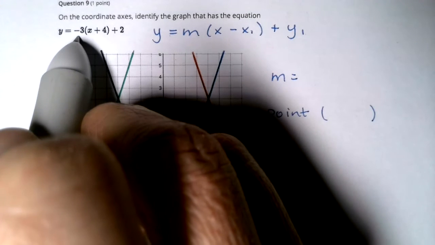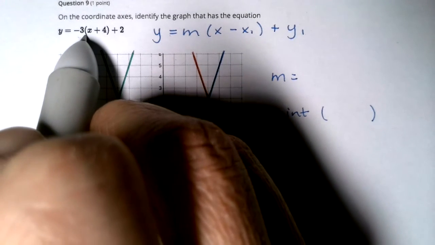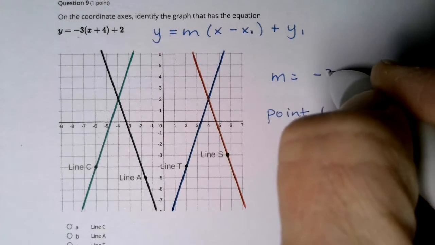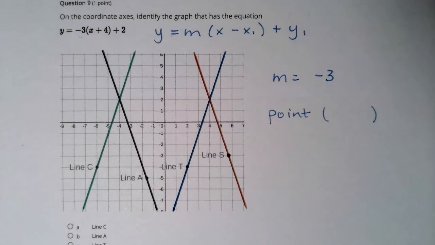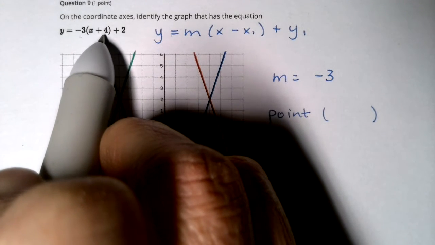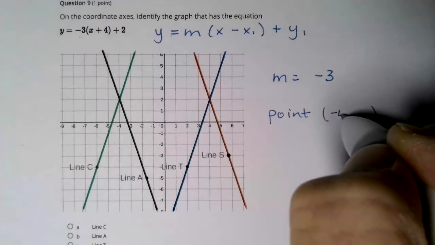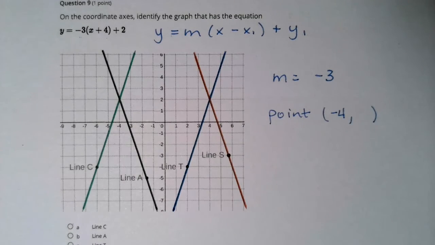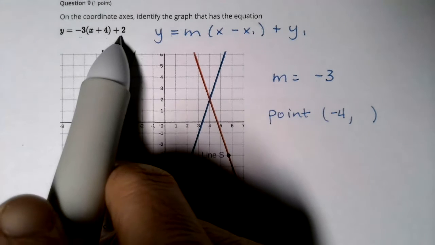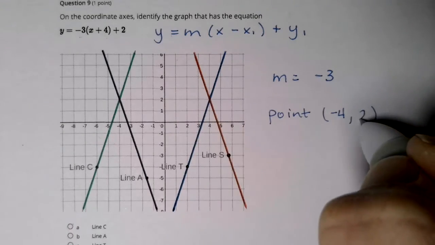My slope number out in front here, being multiplied outside my parentheses, or being multiplied to x, is -3. And the point, like we said before, is the opposite of what you see in your parentheses. So I see a +4 here. I need -4 as the x coordinate of my ordered pair. And then outside of my parentheses is the y. +2 is going to go right here.